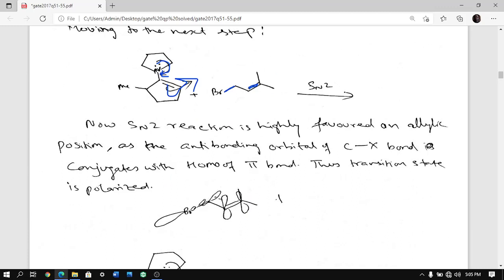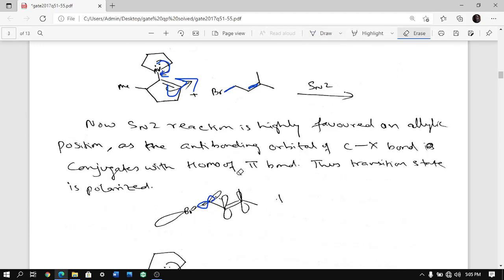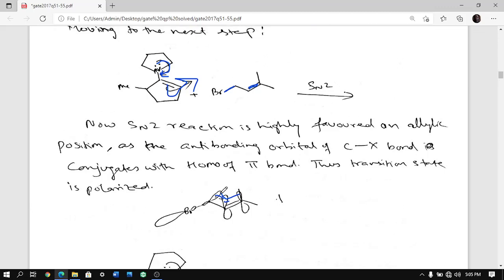Why? Because see this anti-bonding orbital. In a bonding orbital, you have to show the bigger lobe towards the bond and the smaller lobe outside. But in anti-bonding you will be showing the opposite: the smaller lobe towards the bond and the bigger lobe outside. So this anti-bonding orbital overlaps effectively with this pi bond, these p orbitals, and therefore the transition state is stabilized, and the nucleophile attacks here.